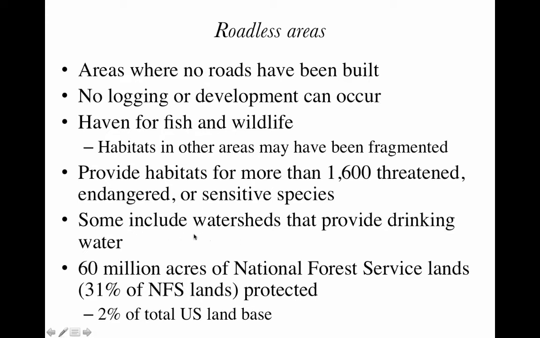So some of these roadless areas include watersheds that provide drinking water, and there are 60 million acres of National Forest Service lands that are protected. And really, the Forest Service, their job was to make sure that these forests were at least managed so that the companies that take logs from them do so responsibly.